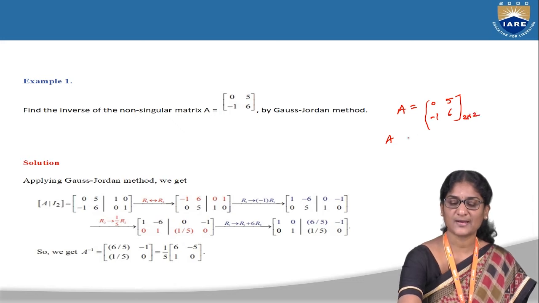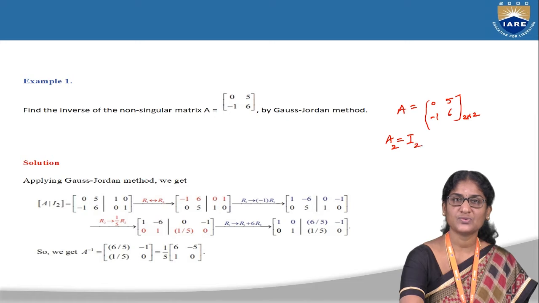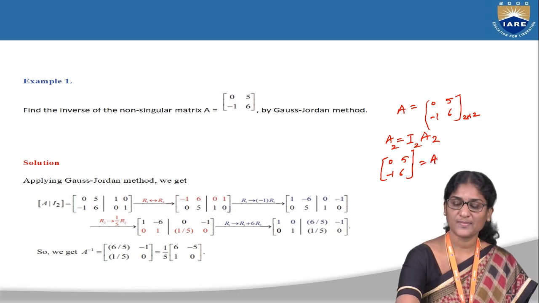So I'll consider A2 is equal to I2 into A2, that is 0, 5, -1, 6 is equal to I2 into capital A.